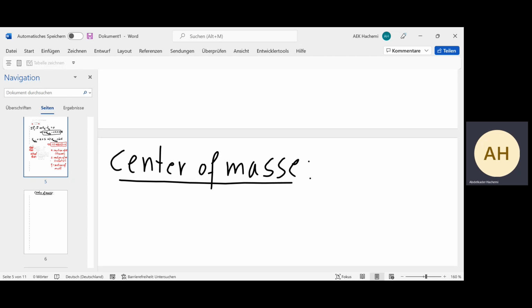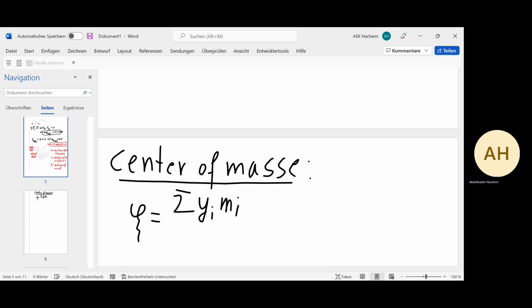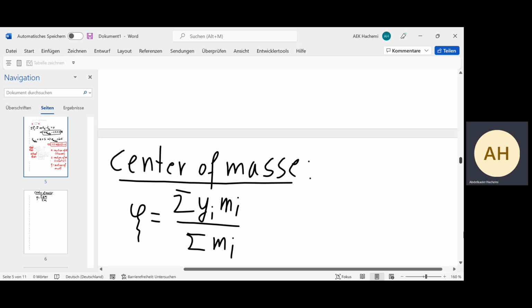It's known that it's defined by C, which is the sum, I write it by simplification, of y_i m_i divided by the sum of m_i.